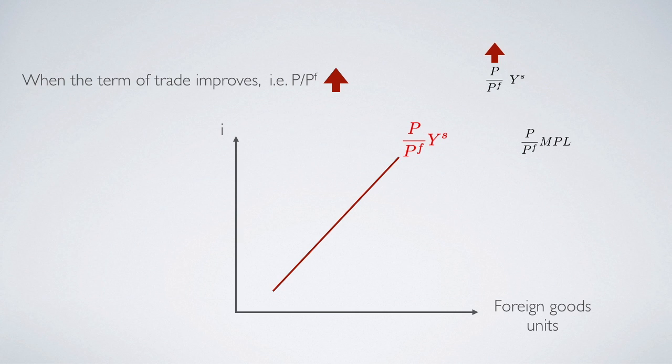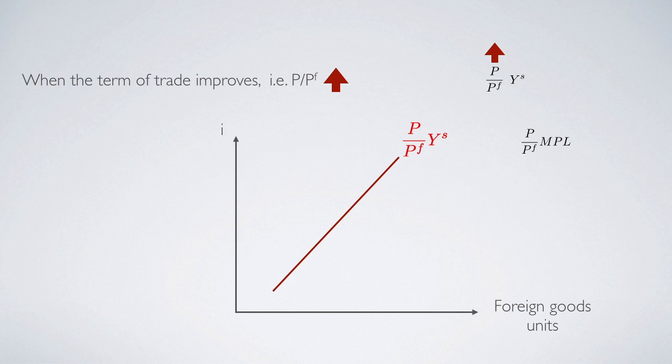Here, for home production, because the home consumer only cares about how many foreign goods it can consume, for the producer, what they care about is how many foreign goods the marginal productivity of labor can give them. So the marginal productivity of labor represents how much home production labor can produce, but we are going to use that to buy foreign goods.